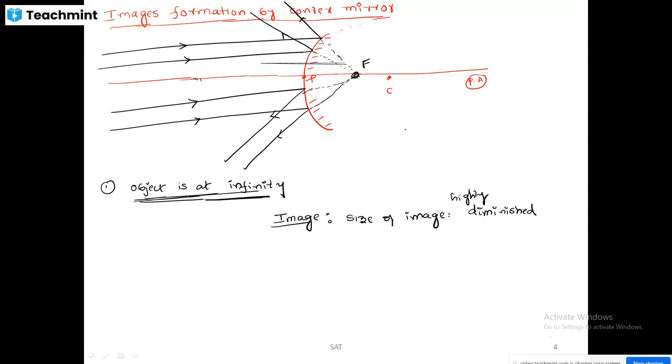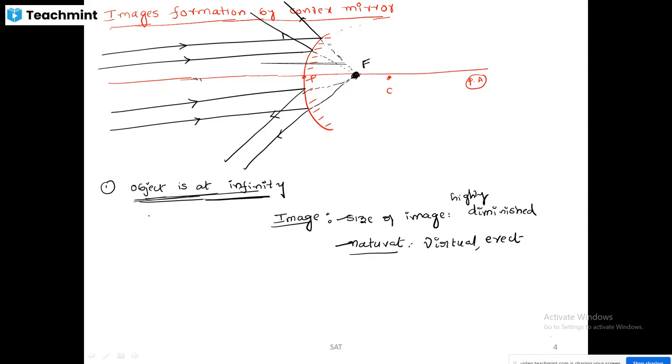This is point size. Point size means very diminished size. And what about the nature? Nature means whether it is a real or virtual image. It is definitely a virtual image, because here all the reflected rays are not actually meeting at a point. They only appear to meet. That is called a virtual image. Every virtual image is an erect image. These are the two points we need to understand here.